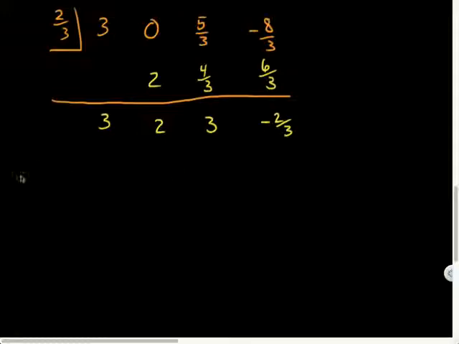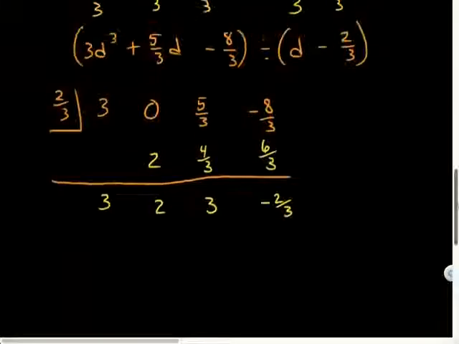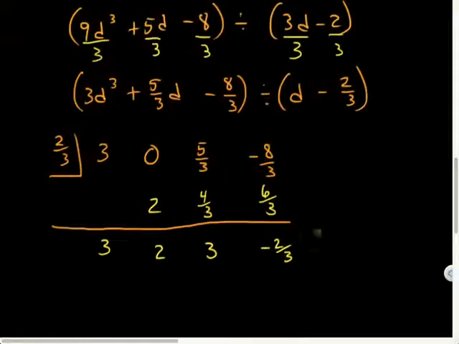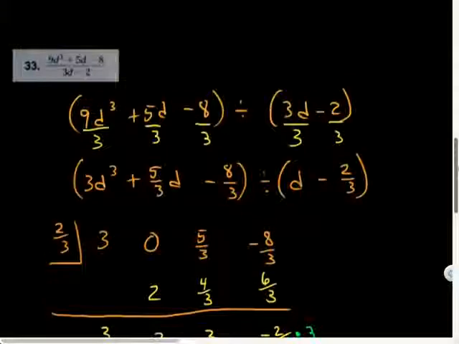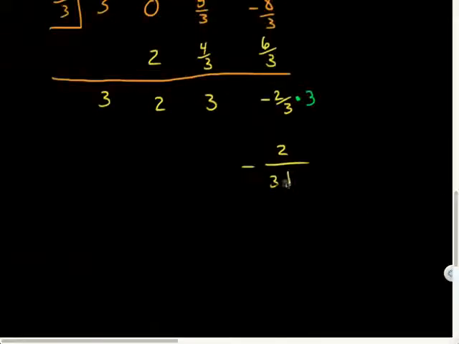So, now, that is not going to be my remainder. What do I have to do with that? You have to multiply it by 3, because I had gone through and divided by 3 originally. So I'm going to multiply just that remainder by 3. So that's going to be negative 2. So I'll have minus 2 over 3d minus 2.